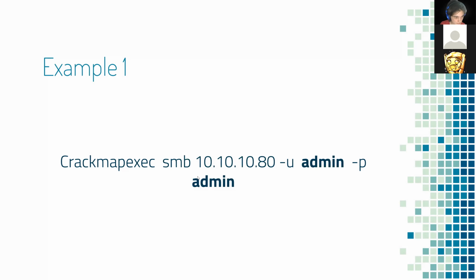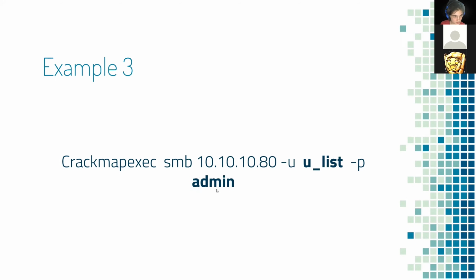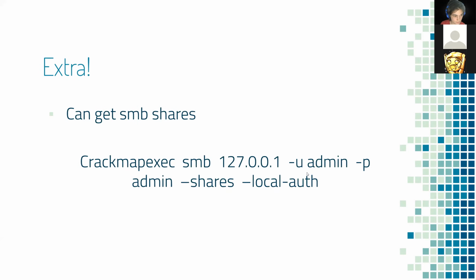So as an example, we have CME, SMB, our target IP, and we're going to try to log in as admin. Another example, username admin, password list of plist, a username list and then a single password of admin, and then we can do a double list. And this is what we did just now, where we're trying to log in.